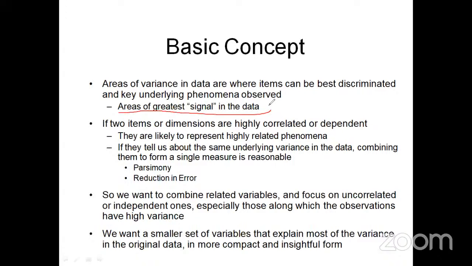Areas of greatest signal. We can do so many analyses on our data set. Suppose we are getting 5 or 6 data sets. In that, which is the best? You can observe and do analysis using PCA. PCA is one of the major components by which you can do this data analysis in projects.